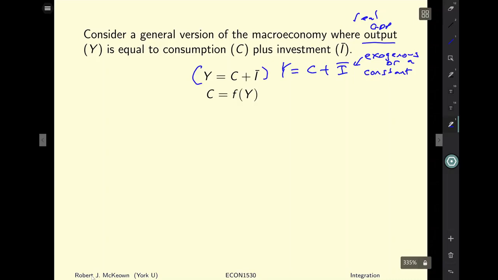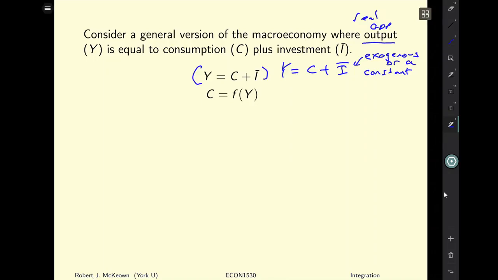Those are just two different ways you can think about it. You can say, oh, it's exogenous to the function. Maybe you haven't gotten there yet in your economic training. In our course, we would just say, oh, I is a constant number, a constant value.